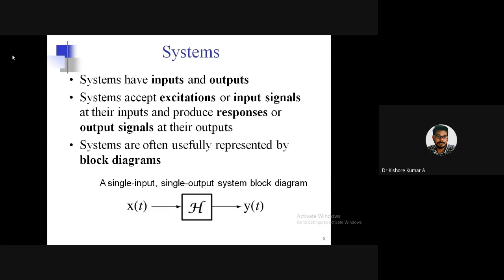Systems accept excitations, or input signals, at their inputs and produce the corresponding responses, the output signals, for the given excitations. Systems are often usefully represented by block diagrams. As given, X of t is the single input, it is subjected to the system, and it is given to the output section, Y of t, the output response.